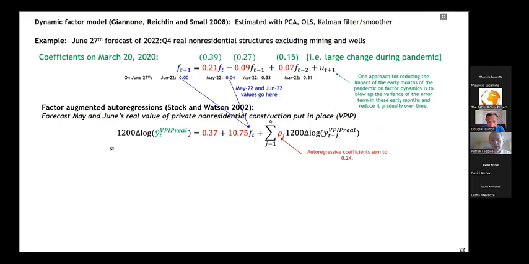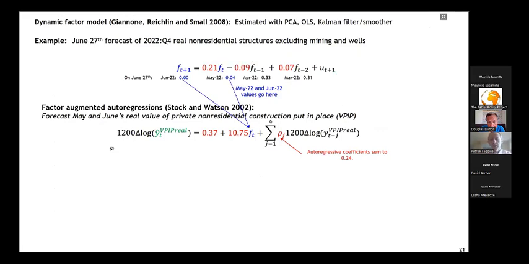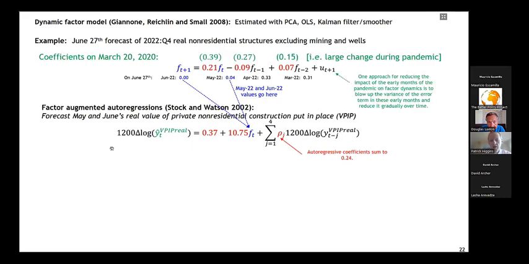You had mentioned before how COVID messed up the way this model works. And so here is the forecasting equation for the factor itself. Prior to the pandemic, these green coefficients are the coefficients for the evolution of the factor dynamics. If you add those up with the 3 lags, the persistence sums to a little over 0.8 prior to the pandemic.